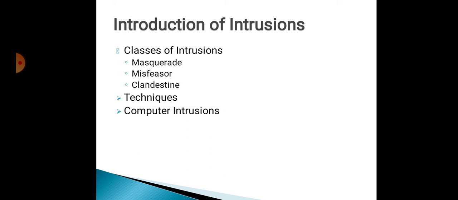An anomaly detection system learns the normal activity of the system and attempts to detect any computer activity that deviates from normal patterns. Okay, this is computer intrusion.